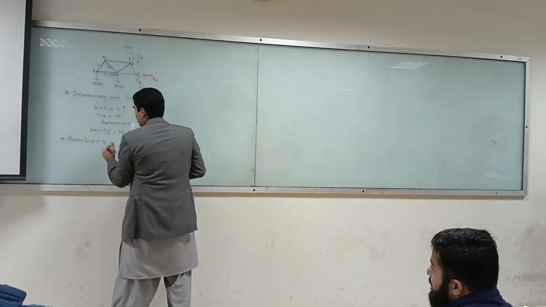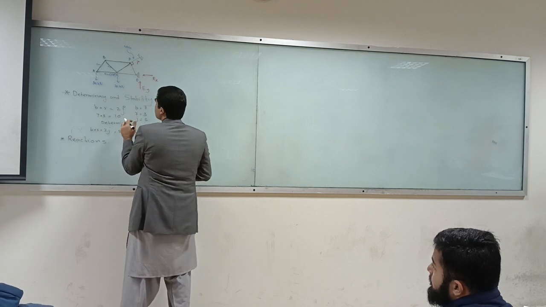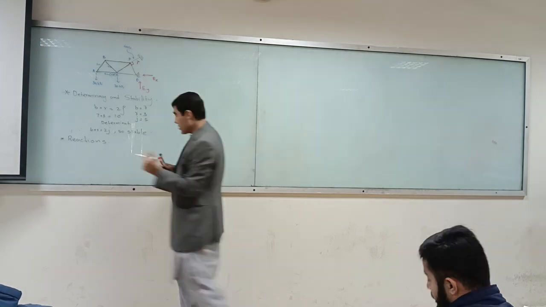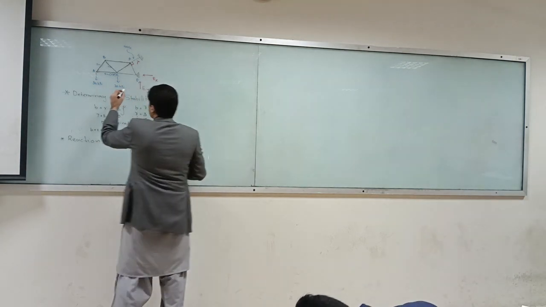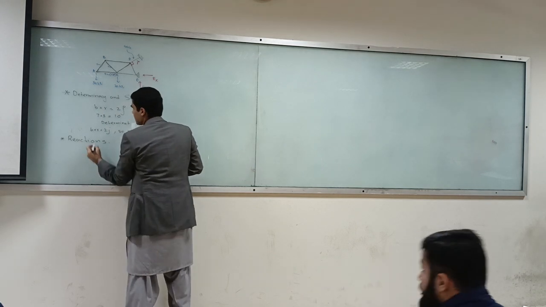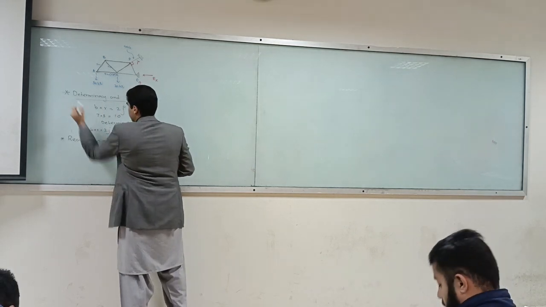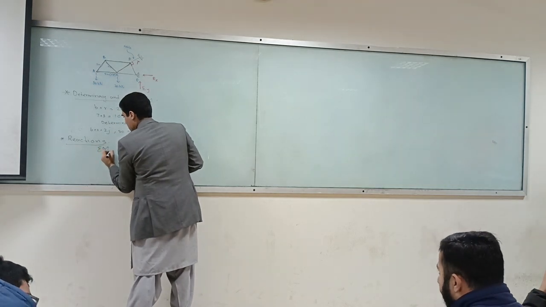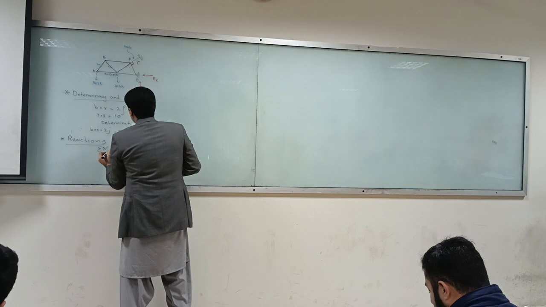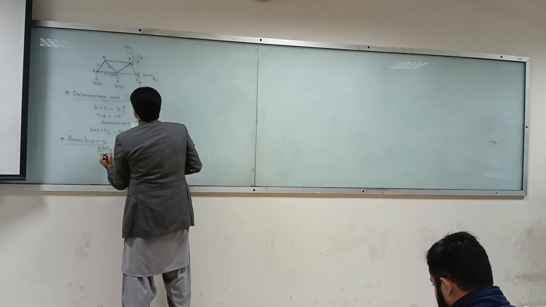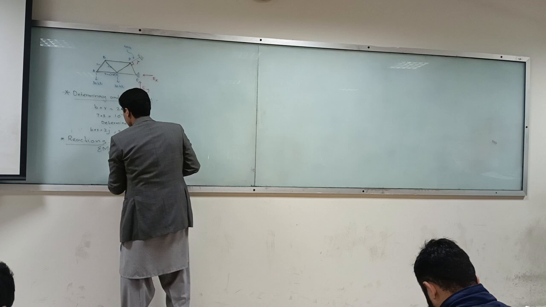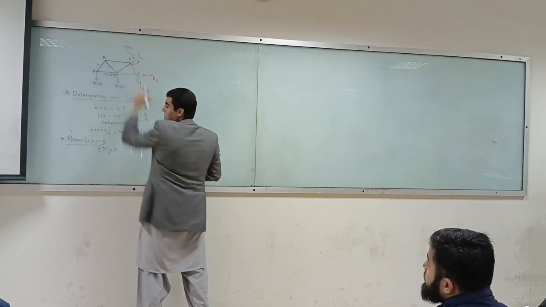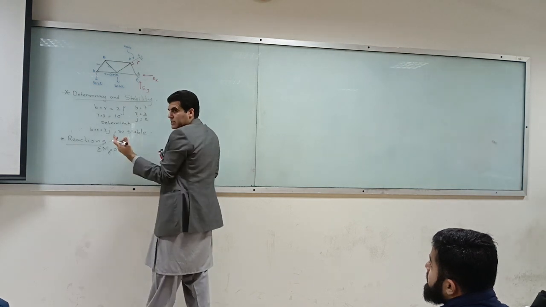So in the reactions, what is Ex? I need you guys with calculators, please, to give me the calculations. Summation of moment about E is equal to 0, and what will you have? How much would this be? I told you this is 5 meters.